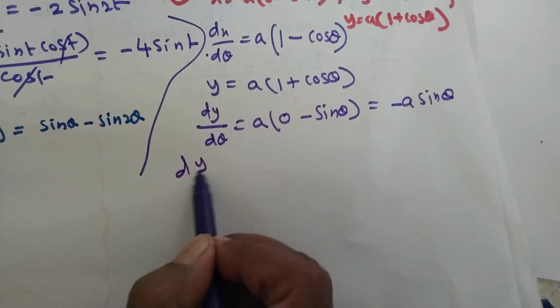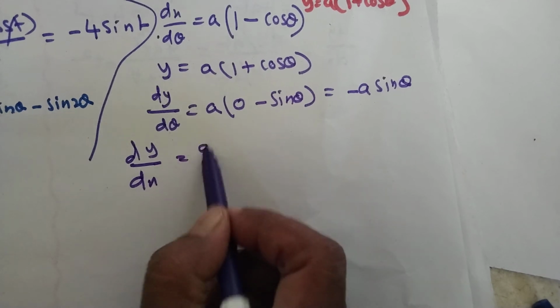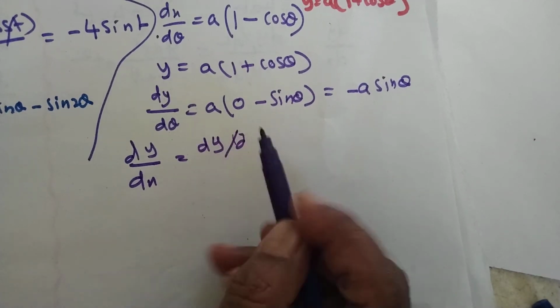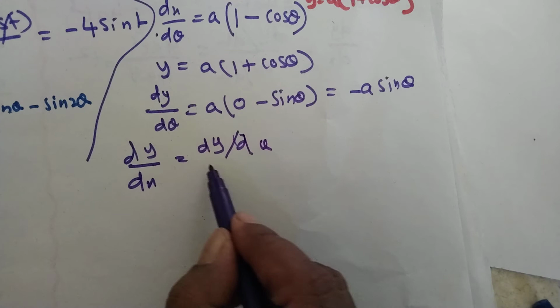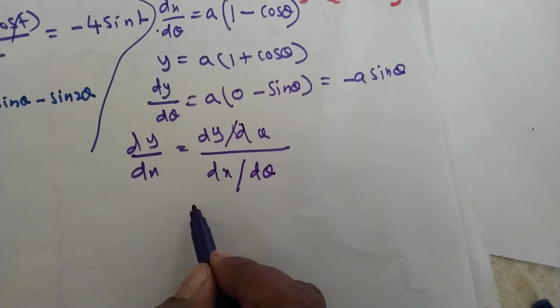Now dy by dx equal to dy by d theta divided by dx by d theta.